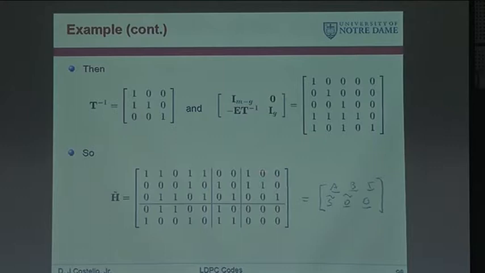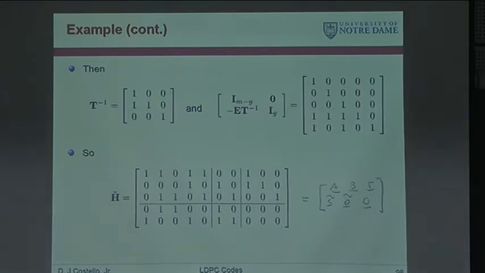Remember, the top 3 rows are not changed because of this identity matrix. And this is designed to give us a zero matrix down here. When we multiply E T inverse by A and add it to the lower part, we wind up getting this.